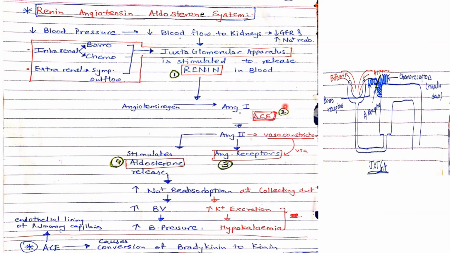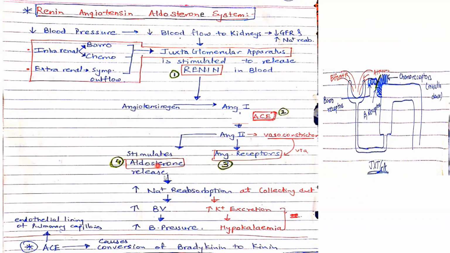If I inhibit the action of angiotensin converting enzyme, will the further chain of events stop? Yes. So I can do that. Now angiotensin 1 is converted to angiotensin 2, fine. But what if I block the receptors? Will I be able to block the further pathway? Yes, I will be able to do it.